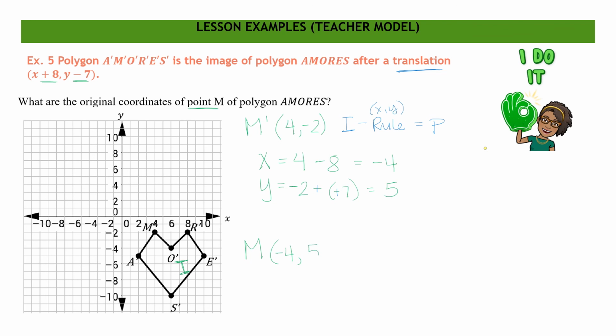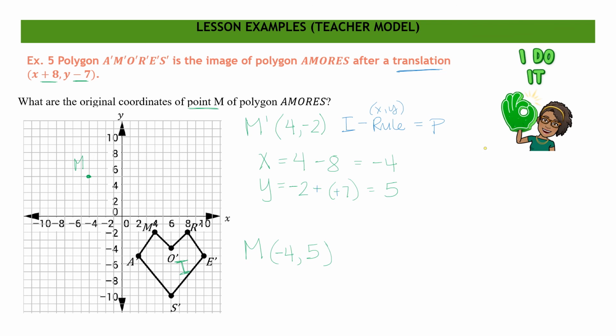That means our pre-image point for M is (-4, 5). Let's graph that on the coordinate plane. -4 is 1, 2, 3, 4 to the left, and then 1, 2, 3, 4, 5 units up. So that tells me my point M for my pre-image is here.